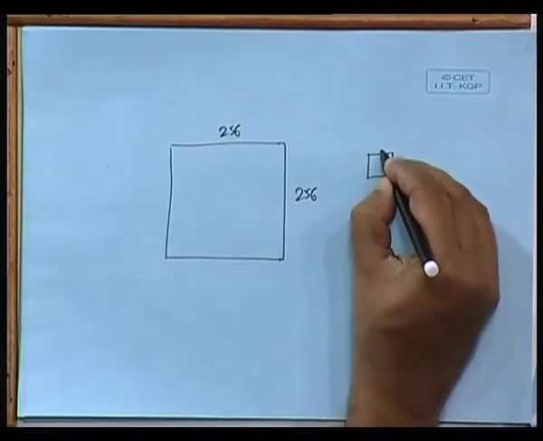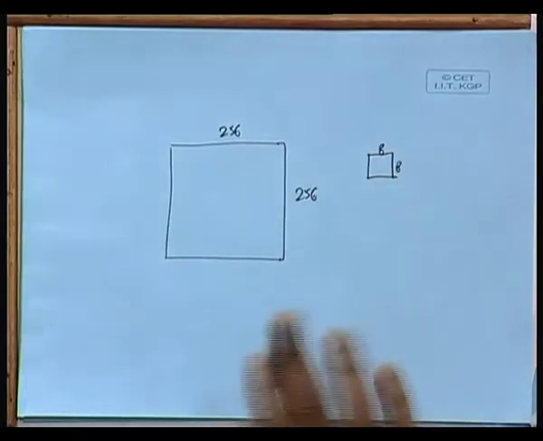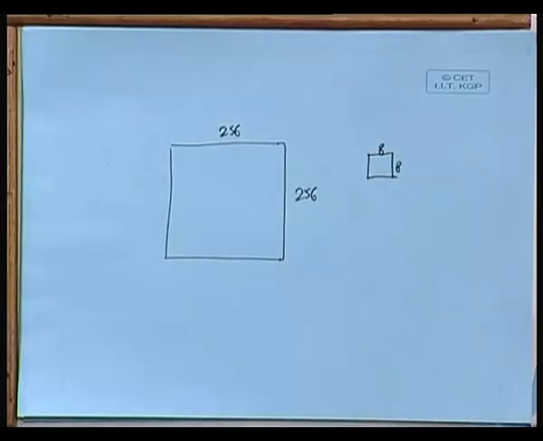Now, what you can do in order to achieve data compression is that you can divide this 256 by 256 into non-overlapping blocks of 8 by 8 or some size like that. Let us say that we subdivide the image into non-overlapping blocks of size 8 by 8. Now, 8 by 8 basically corresponds to 64 inputs, I mean 64 pixels.